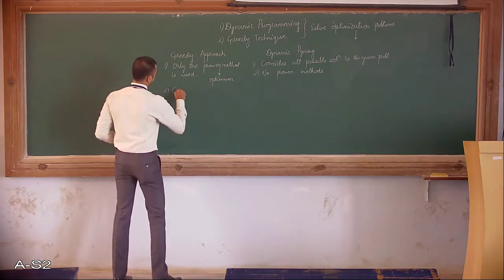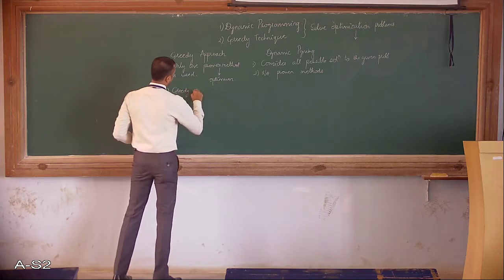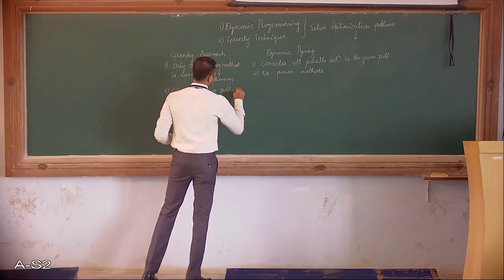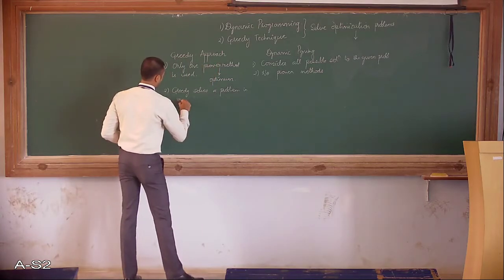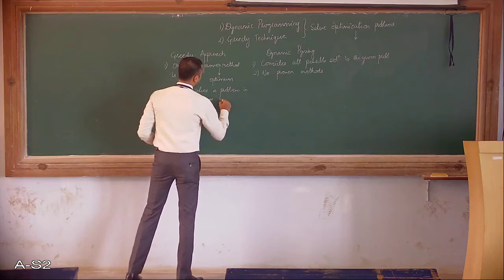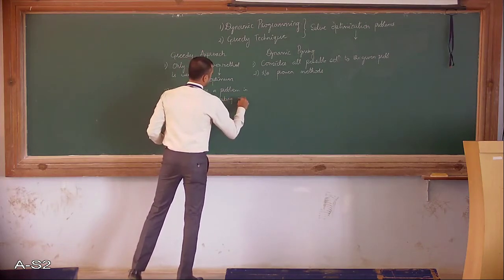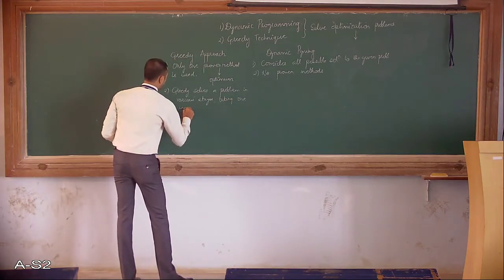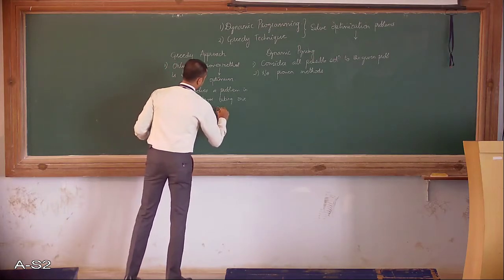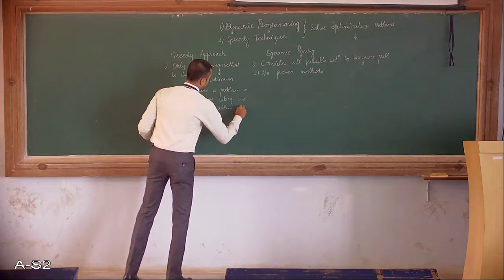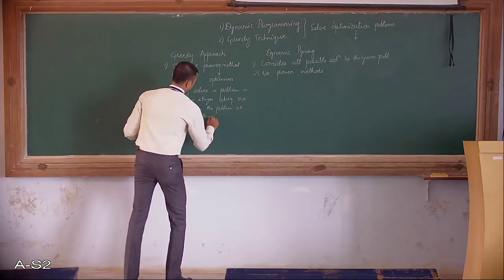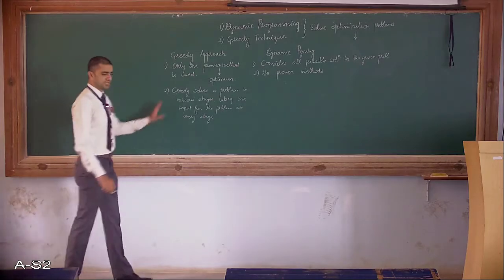So the greedy approach says that we need to solve a problem in various stages, taking one input from the problem at every stage. We'll see this with an example.